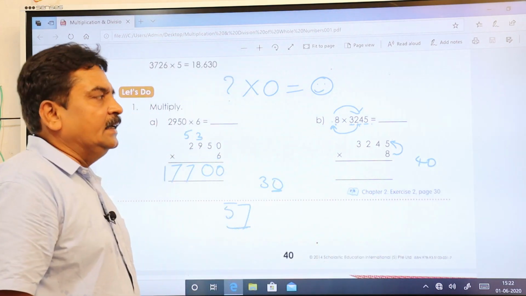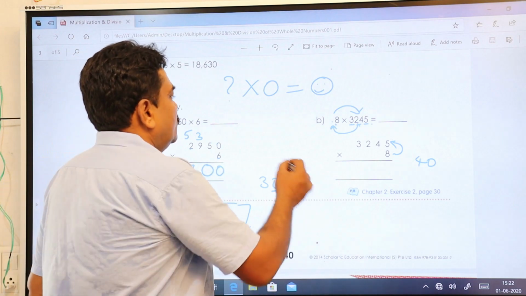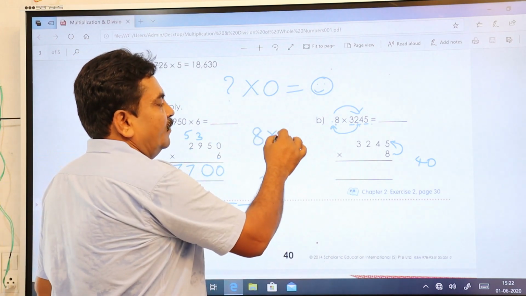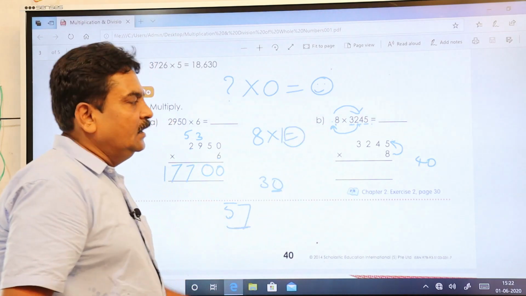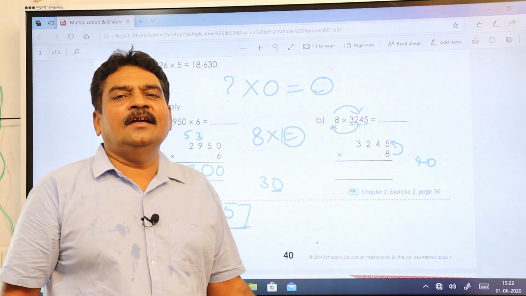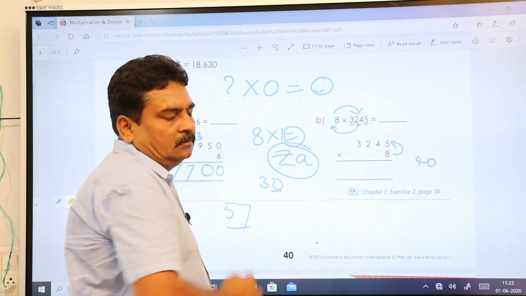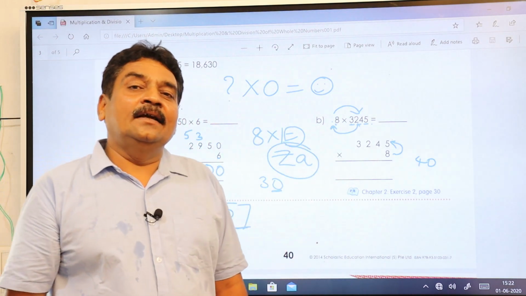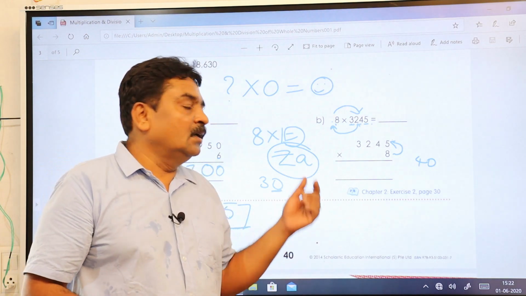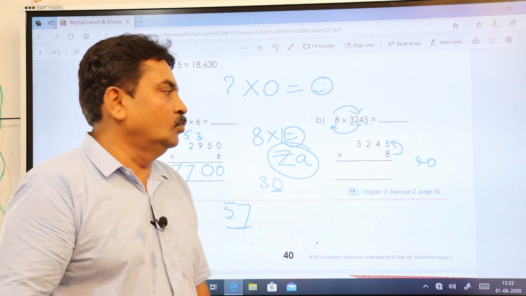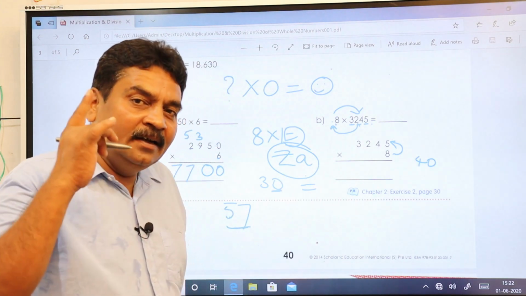See, we always tell one thing. Suppose 8 table, 8 1 za. What do you mean by this za? It is equal to here, but you call it as za. Za is again a Greek word. Za means equal to in Greek and Latin.